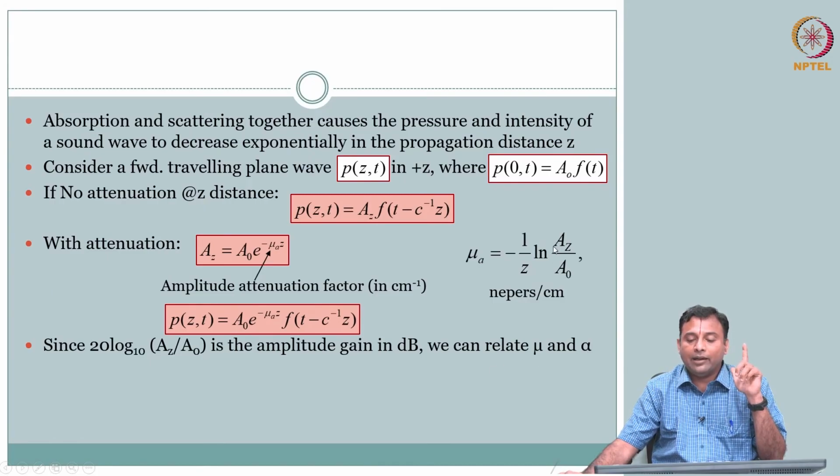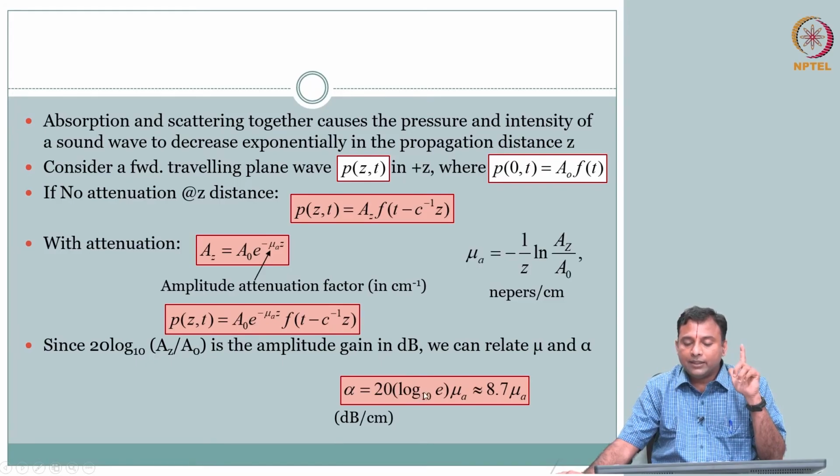Here I see this is in natural logarithm, so I can relate these two as alpha is 20 log 10 base e of mu a, which is approximately 8.7 mu a. So your alpha, the attenuation coefficient in dB per centimeter, is nothing but 8.7 mu a.